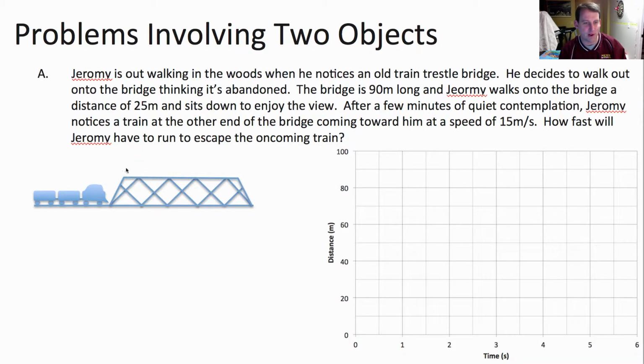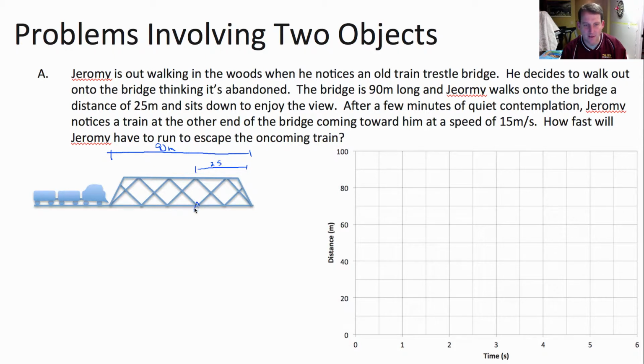So on this problem, we know that our bridge is 90 meters across. We know that the train is on the opposite side, so Jeremy came on from this side and he walked on 25 meters-ish.